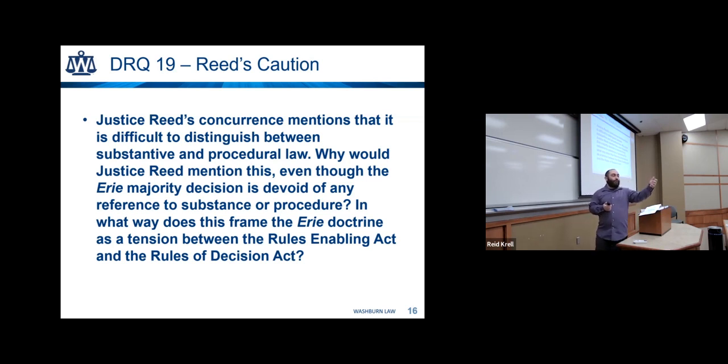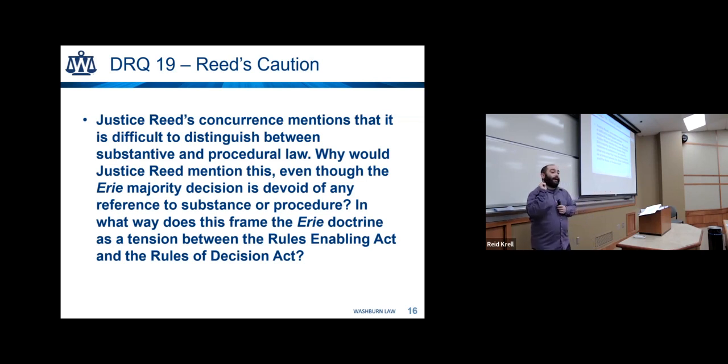Well, let's think back to our discussion on Tuesday. Ms. McHenry, what are the sources of state law that could come under the Rules of Decision Act? Statutes, state constitution, and the local rules. And what else? Because this is could, not does. And common law. And common law, right?